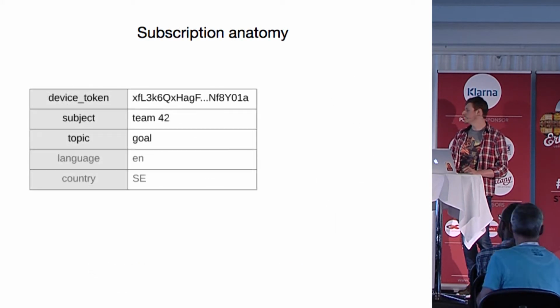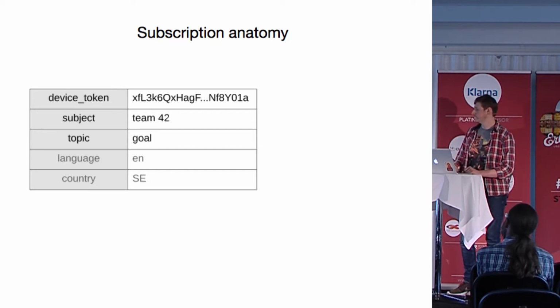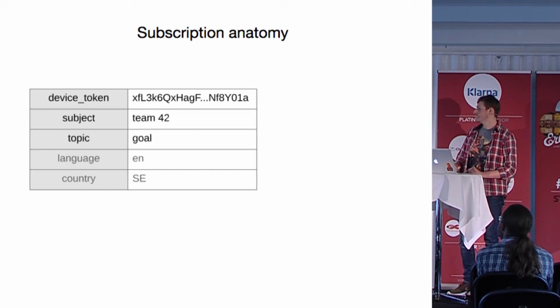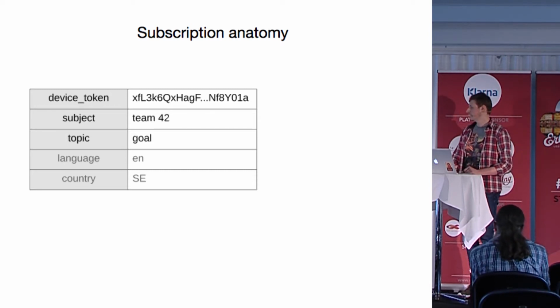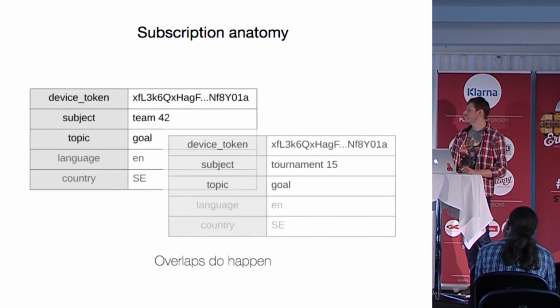And before going forward, here is what a subscription looks like. This is an oversimplified version, but it still shows what we store. You have a device token. It's needed to identify who will receive this notification. And also you have a subject. And this part is important because notifications can overlap.